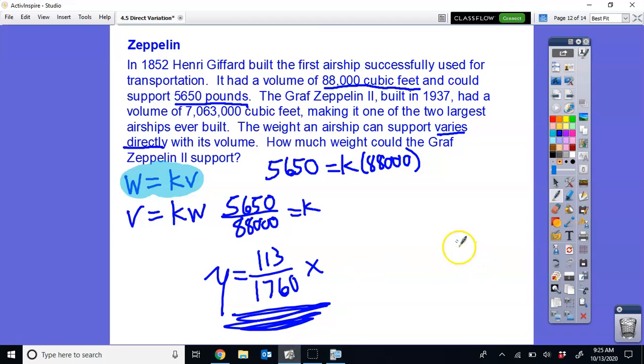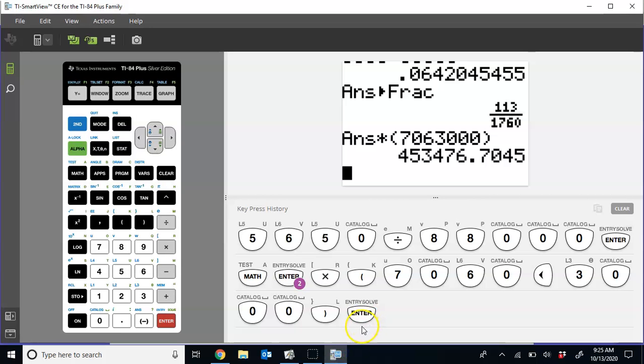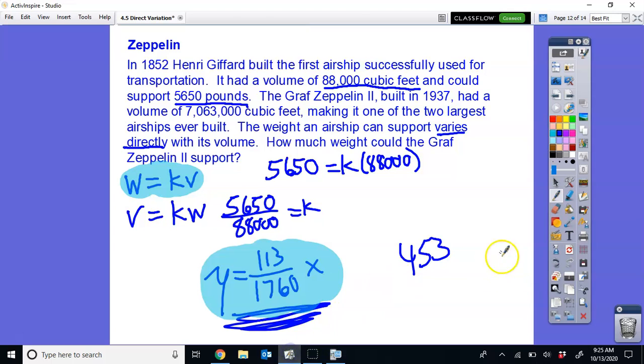That's where it would be okay to write it out that way. So I'm going to highlight, this would be my equation that I got, and 453,476.7. That's how many pounds this particular Zeppelin would support.